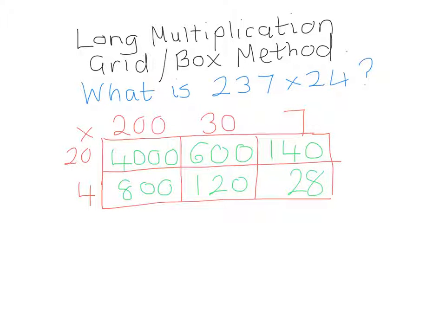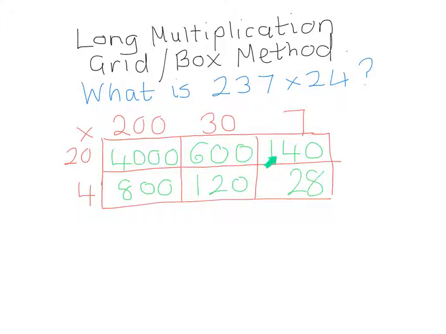Now we've finished doing all of those multiplied by all of those. So these are all the answers that we have to put together. So I'm going to now have to do an addition. So go back to black. So I've got my 4000 there. But if you can, instead of writing 4000 plus 600, I know that together they make 4600.